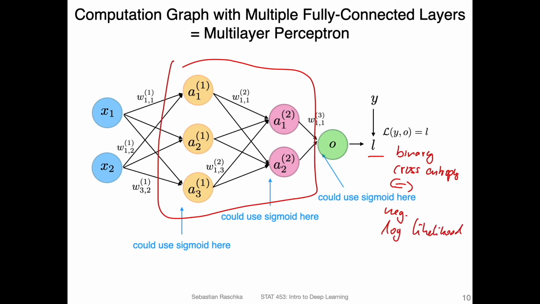Actually, for classification in neural networks, that's also the most common loss function. And that is, again, why we spend so much time on logistic regression and softmax regression, because fundamentally things are very similar.